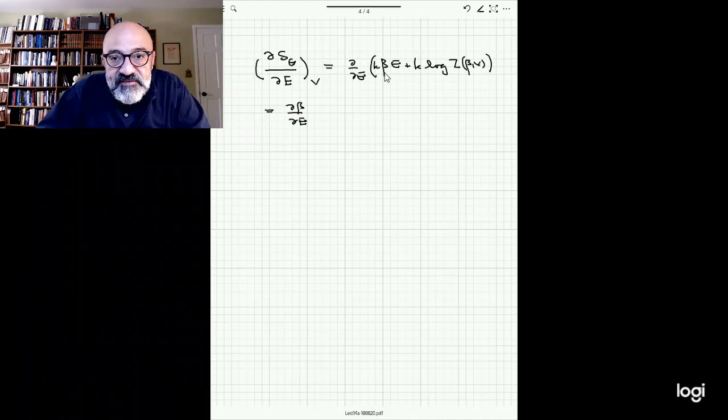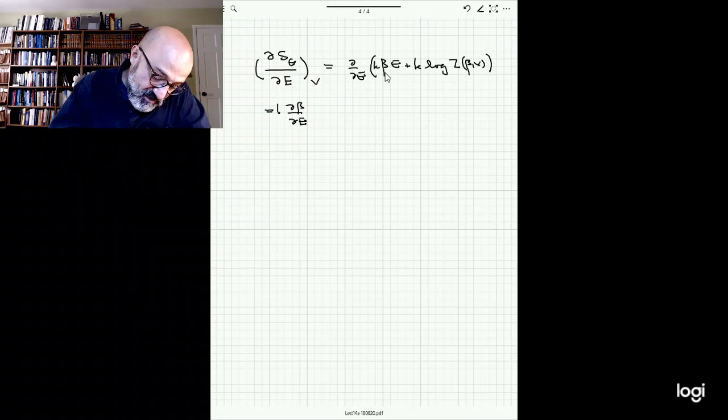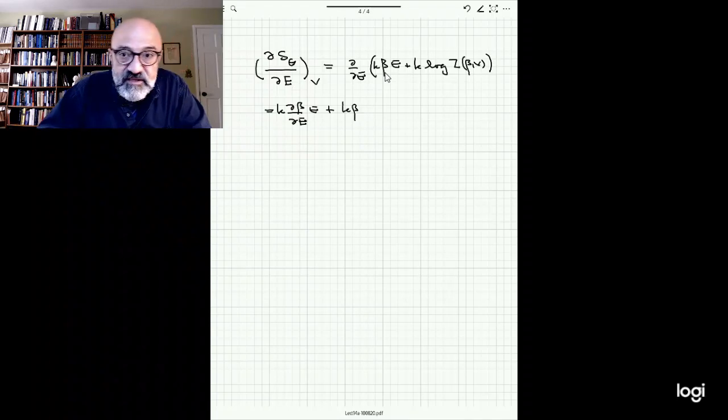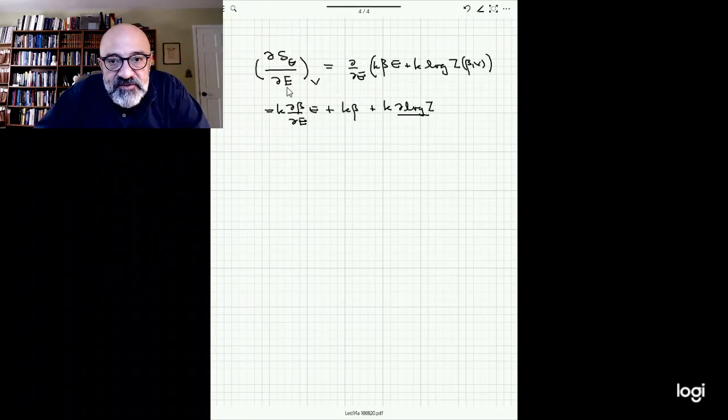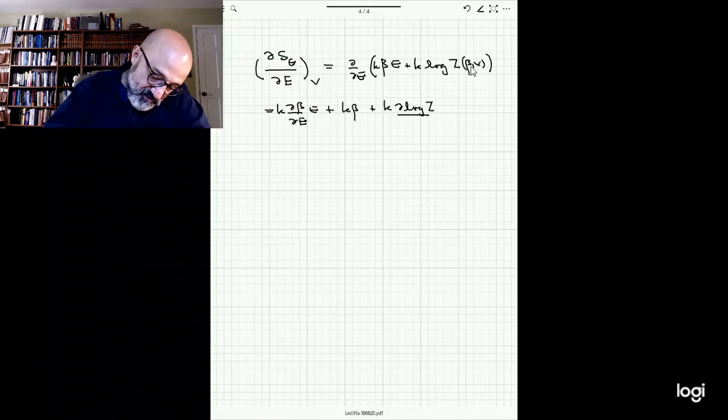So we're going to take the derivative of the beta, multiply by the E, then plus K beta dE, that's 1, plus K d log Z. We're trying to take the derivative with respect to E. So I'm going to take the derivative here with respect to beta, and then the derivative of beta with respect to E.